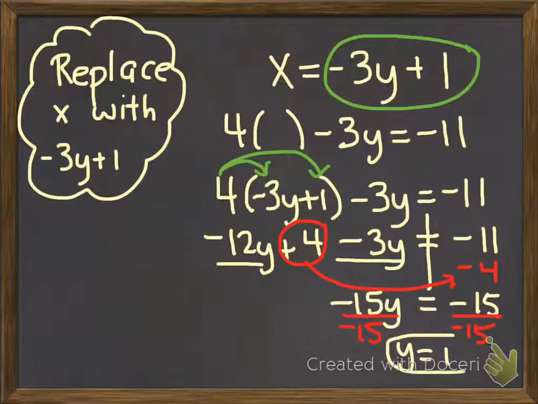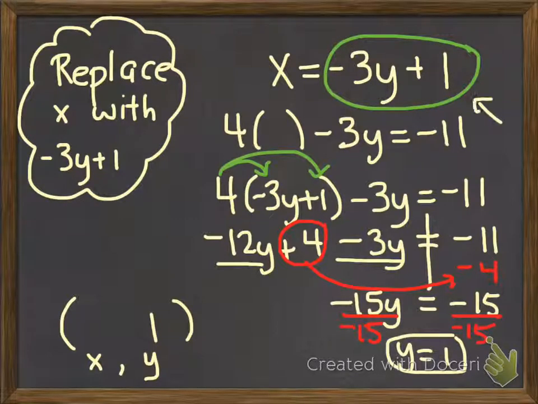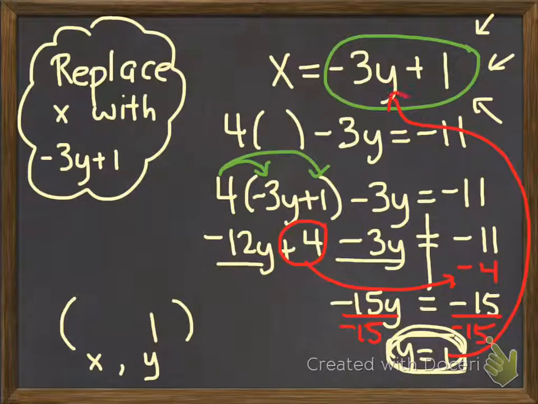Now because this is a point of intersection, that only gives us the y-coordinate of where the lines cross each other. So to find the x-coordinate, we look at what we circled, and now that we know that y equals 1, we're going to take y equals 1 and put it in there.